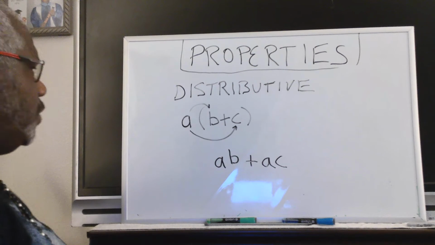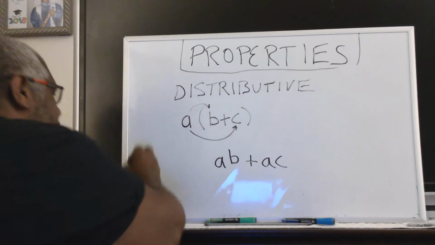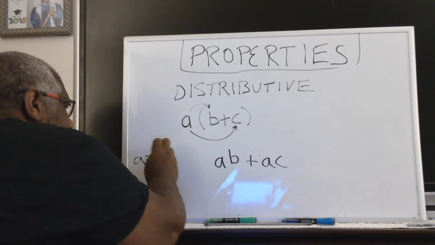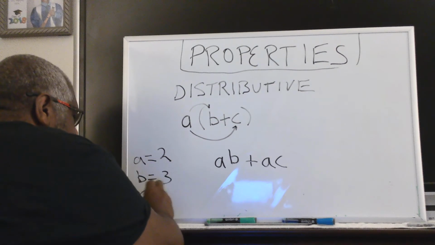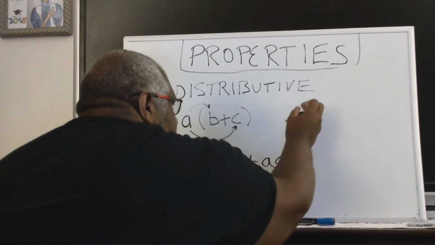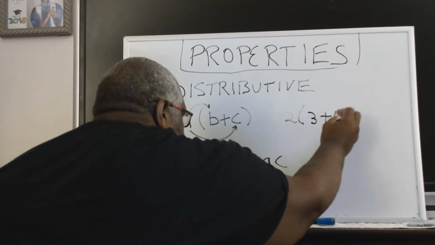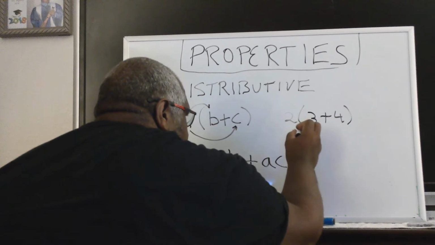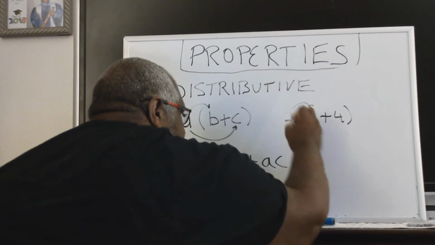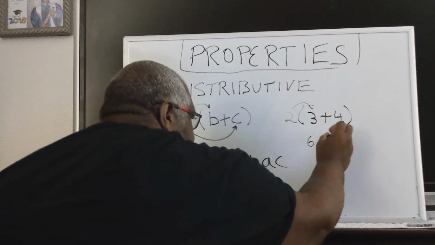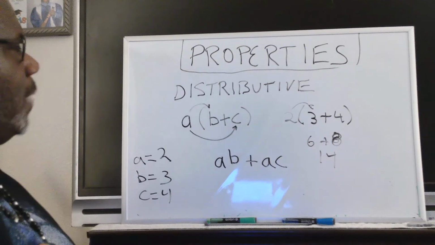So if we give these number values, it would work. Let's say A equals 2, so then we go here, 2 times 3 is 6, 2 times 4 is 8, see how that works?